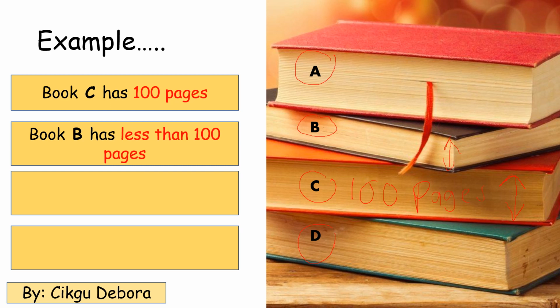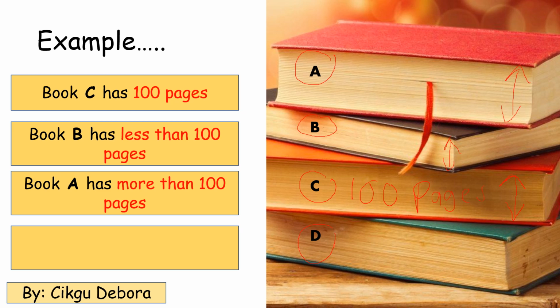Okay, now we compare book C with book A. If we compare the thickness, we can see that book A has more pages than book C. So we can say that book A has more than 100 pages because book A is thicker than book C.